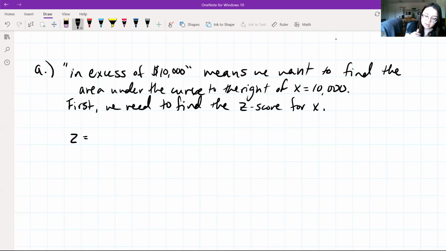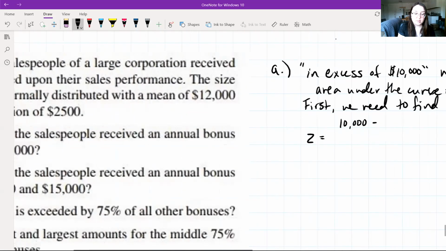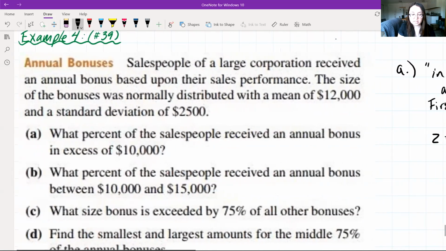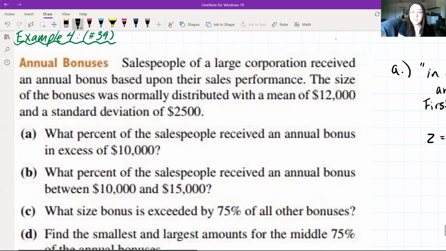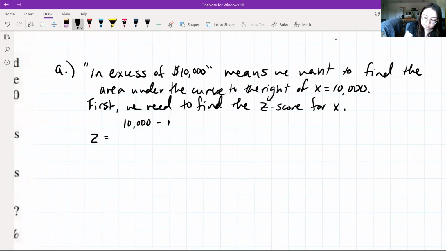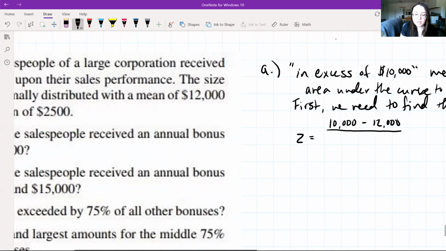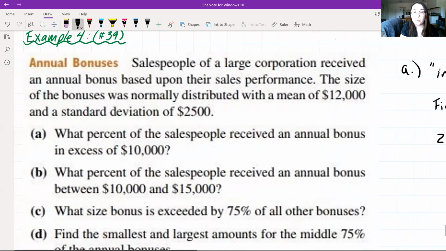So x we know is $10,000, minus the mean, which was 12,000, divided by our standard deviation, which we said was 2,500.